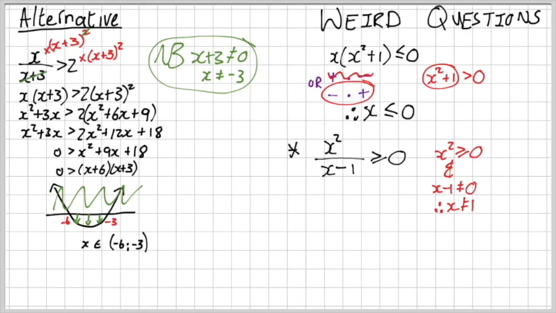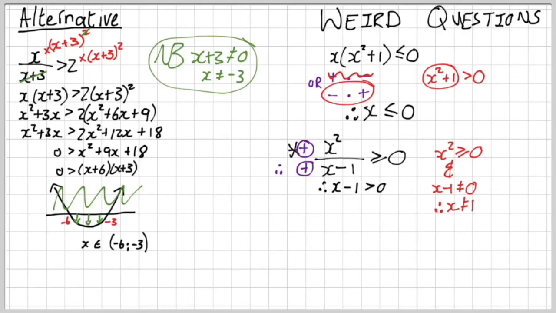So this means, ladies and gents, again, that top part is always a positive. So the bottom part has to also be a positive because a positive divided by a positive needs to be a positive. So in other words, x minus 1 must be greater than 0. Now here's a difference.